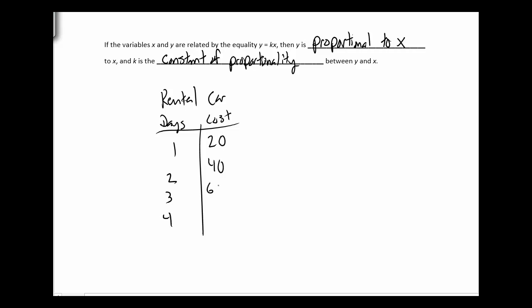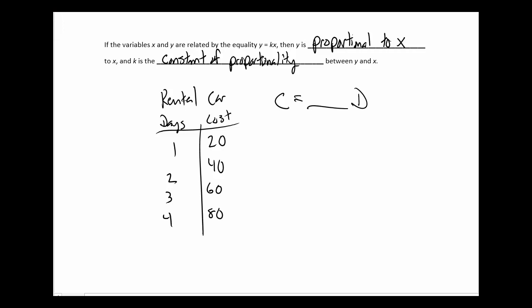For 3 days it costs 60, and 4 days it costs 80. What I want to know is how can I use days to predict the cost? In other words, is there some sort of formula where you tell me the number of days and I'll tell you how much it costs?